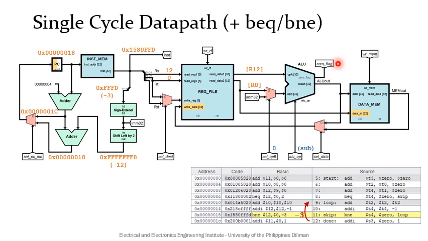Thus, for BEQ instructions, or rather BNE instructions, we branch and select the branch target address instead of simply PC plus 4 if the zero flag is deasserted. We can therefore write sel PC increment as zero flag prime, or not zero flag.